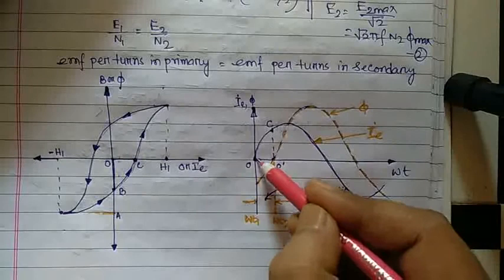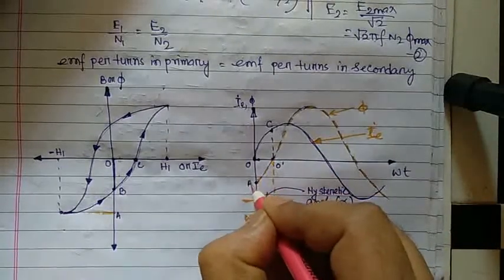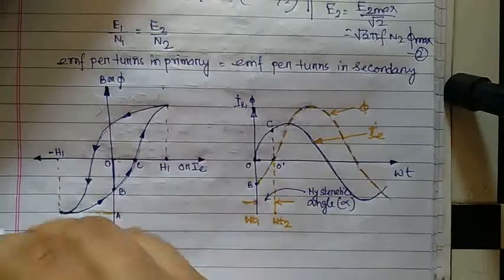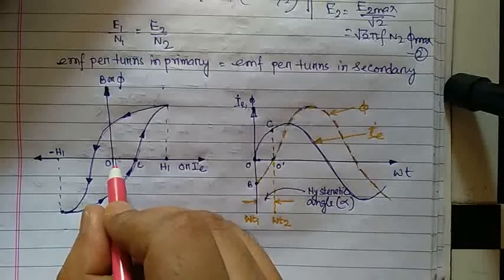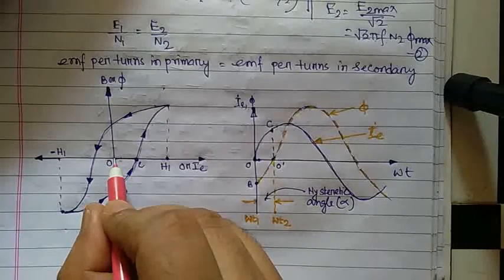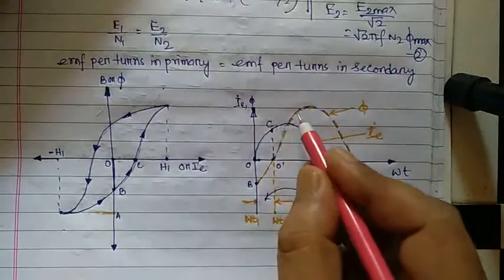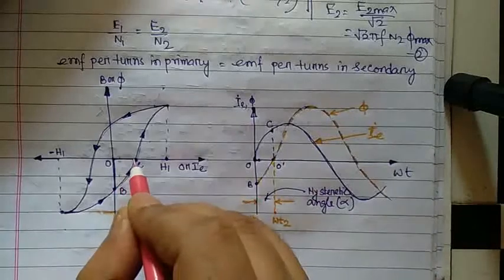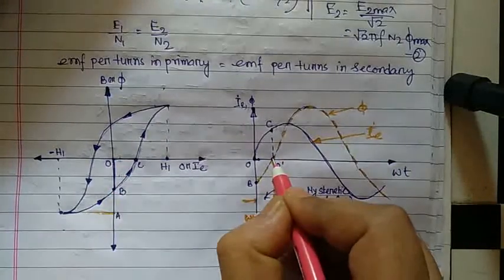When the exciting current value is OC, the flux value or flux density value is 0.